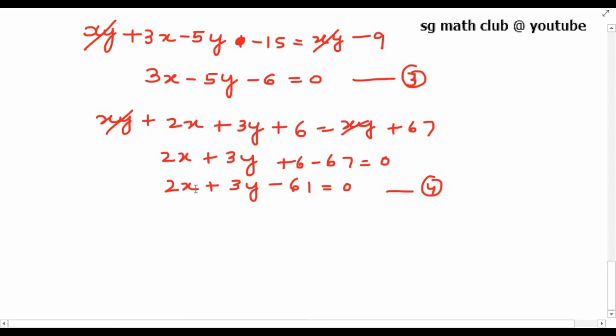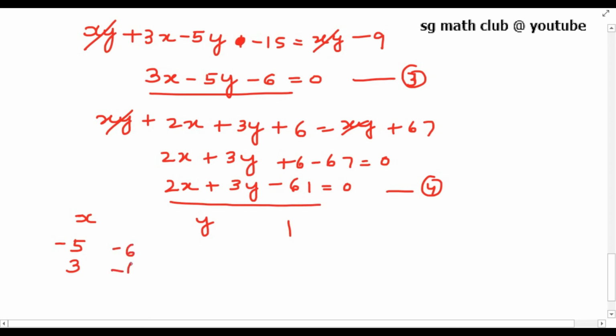Now we will write the coefficients of x, y and 1. The first equation is minus 5, 3, minus 6, and then minus 61. Again you need to concentrate on this equation and this equation. Here it is 3 and 2, and again minus 5, 3.